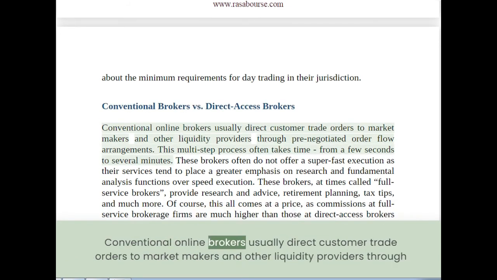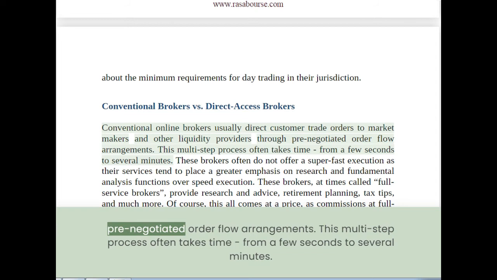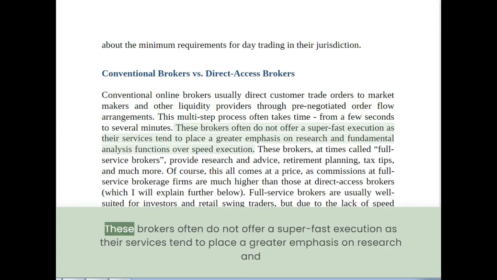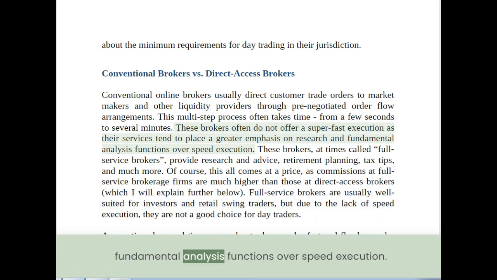Conventional online brokers usually direct customer trade orders to market makers and other liquidity providers through pre-negotiated order flow arrangements. This multi-step process often takes time, from a few seconds to several minutes. These brokers often do not offer super fast execution as their services tend to place a greater emphasis on research and fundamental analysis functions over speed of execution.